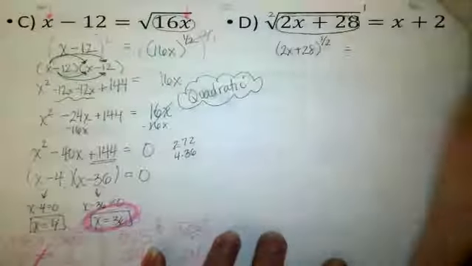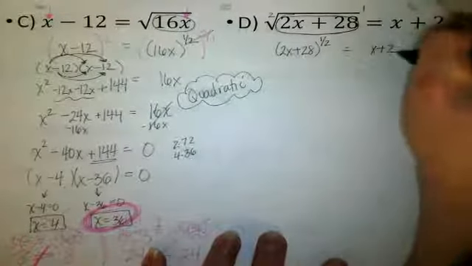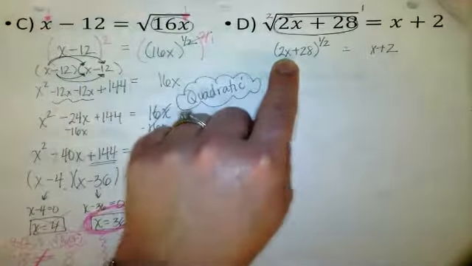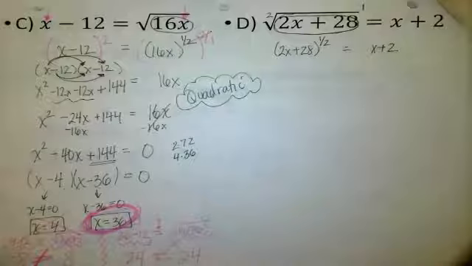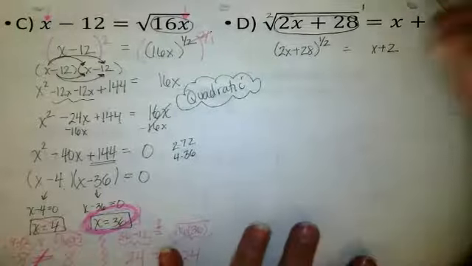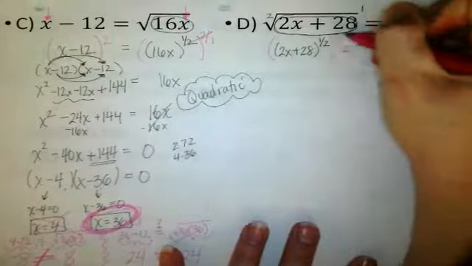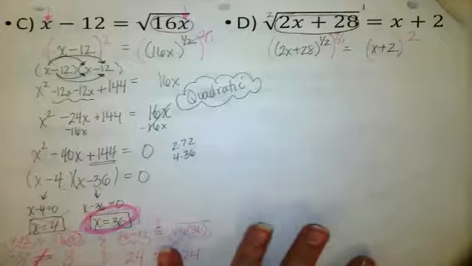Power over index. Equals the x plus 2. That x is trapped. What do I need to do? Get rid of the power by doing the reciprocal power on both sides. So I'm going to square both sides.